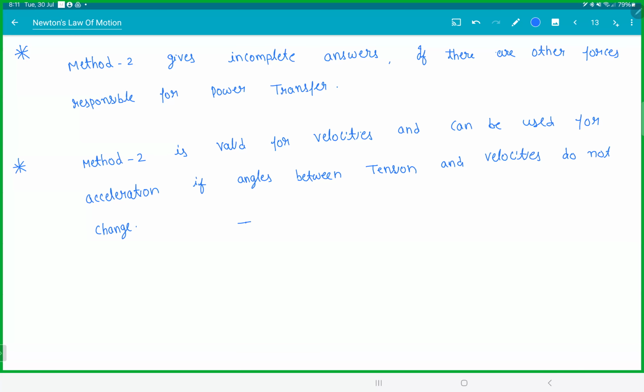So what it means is, T1 bar dot V1 bar plus T2 bar dot V2 bar, so on till Tn bar dot Vn bar is 0.